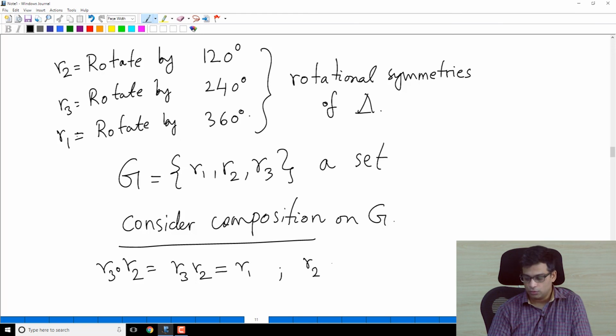Similarly, if I compose R2 with R2, I rotate by 120 degrees and then again by 120 degrees, so I rotate by 240 degrees. I get R3. Similarly, R3 composed with R3: rotating by 240 degrees and then by 240 degrees is a rotation by 480 degrees, which is a rotation by 120 degrees. So, it is R2.